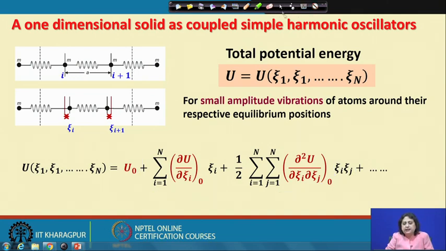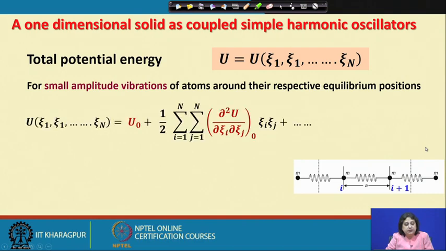Now, since the system is going to exhibit a most stable configuration at equilibrium when all the atoms are present at their respective lattice points, these derivatives are evaluated at those equilibrium positions. And since the potential energy must have a minimum, this first derivative must go to 0.